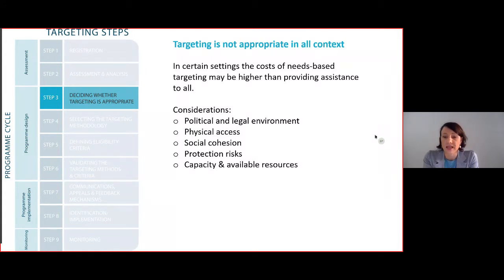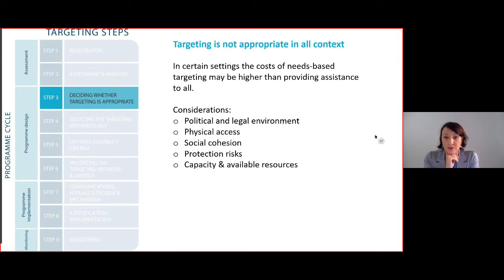We also need to understand if there is physical access to the people of concern. We need to understand if we are able to access them, if not, maybe targeting is not really a good option.